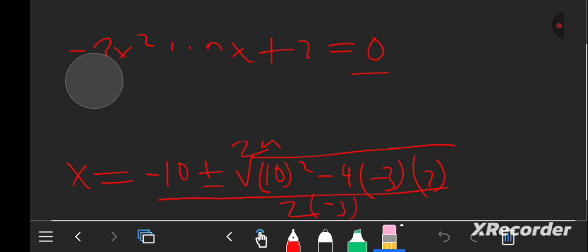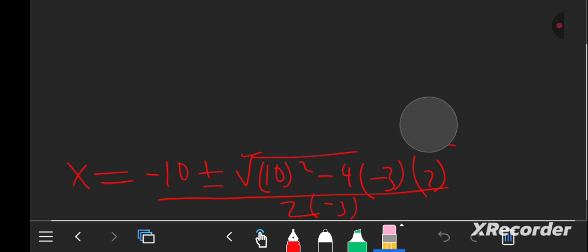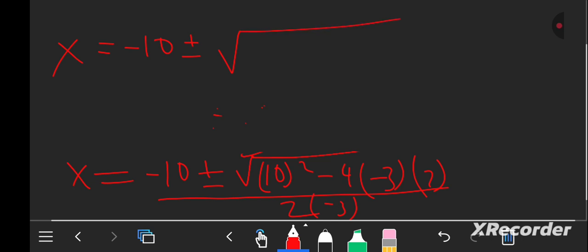Let's simplify this. x is equal to negative 10 plus or minus square root of 100, then negative 4 multiplied by negative 3 is positive 12, multiplied by 2 is positive 24. Then 2 times negative 3 is just negative 6.